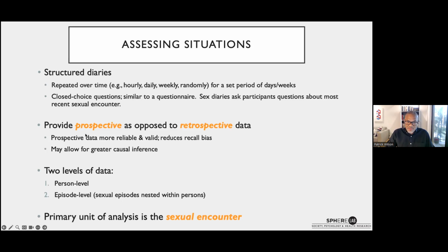But getting these intensive assessments over time gives us both data at the person level, which we're sort of used to looking at, and then also at the episode level or day level. I'm going to report on some findings at the episode level where we looked at sexual episodes nested within individuals, but certainly just thinking of days, assessment days, asking people if they use substances, asking people how they feel. So you get a good idea of what's happening across time, but also on specific days.